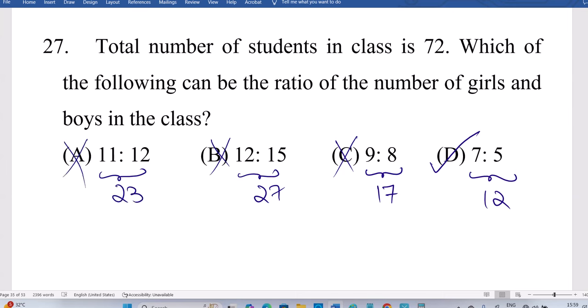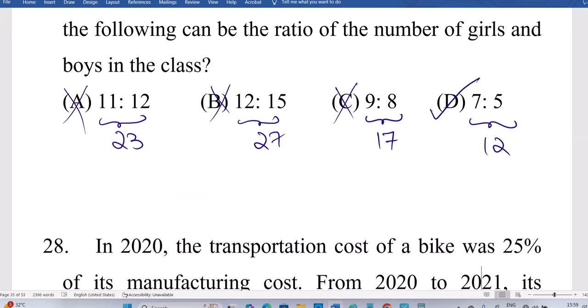I want girls and boys to be integers. That's basic, no need to mention it in the question. So 72 should be divisible by what? This was also given in last week's exam. So same question, no change given for this. Next one.